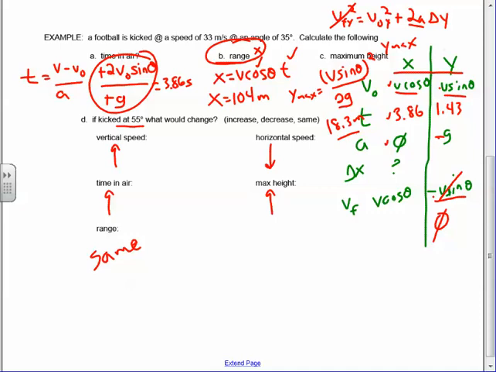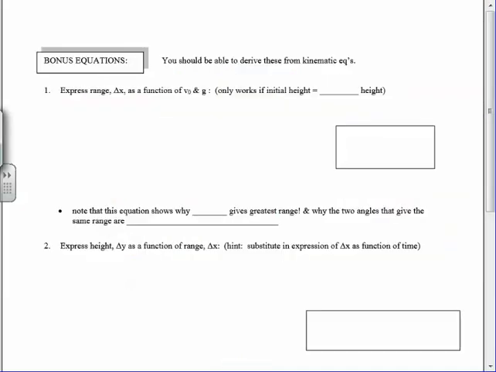This would also allow us to find the angle that you'd have to launch something if you were given a range. Okay, so if you're told that something is a few hundred meters away and you say set your launcher at a certain angle, this would be the way to do it. So we're going to develop this equation, which is fairly straightforward, also involves little trig identities that you may have forgotten.